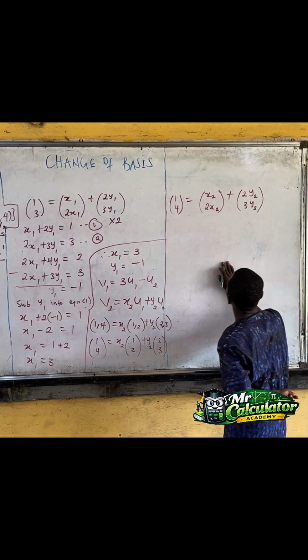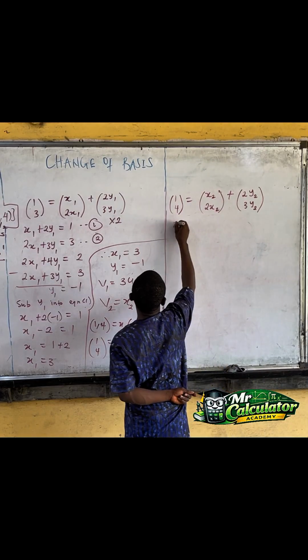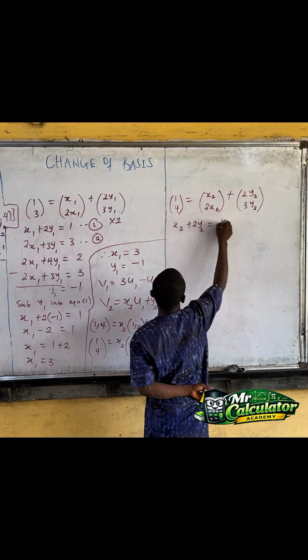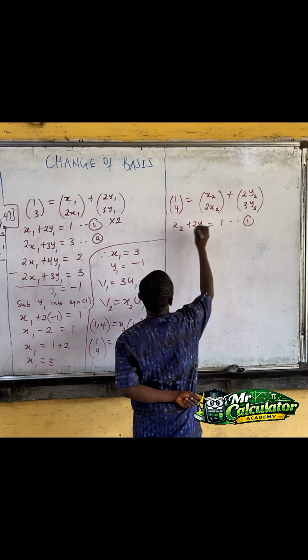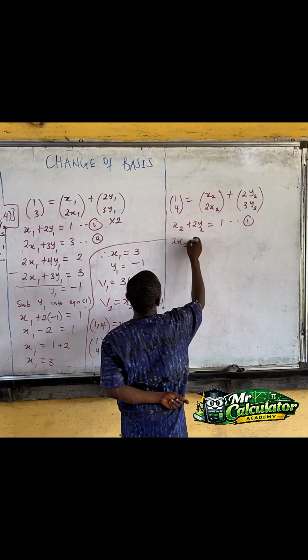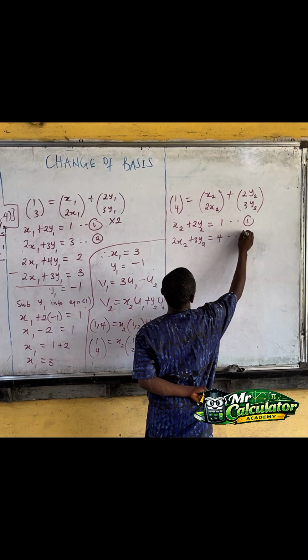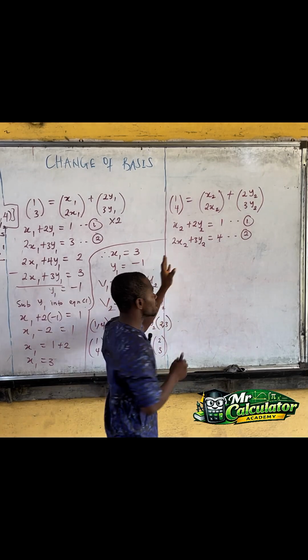Now from here, it is very clear that this plus this equals to 1. That is x2 plus 2y2 equal to 1, equation 1. And it is clear that 2x2 plus 3y2 equal to 4, equation 2.